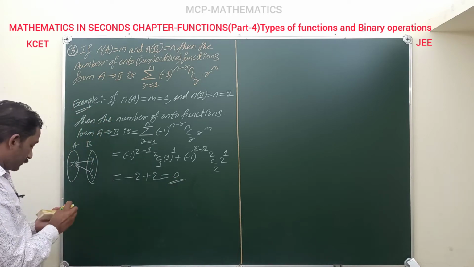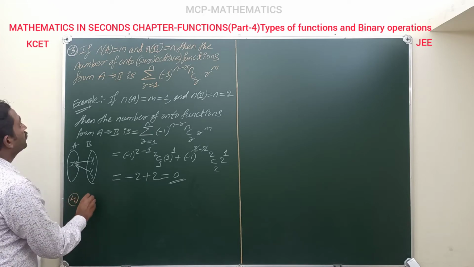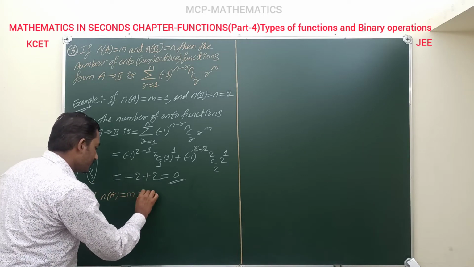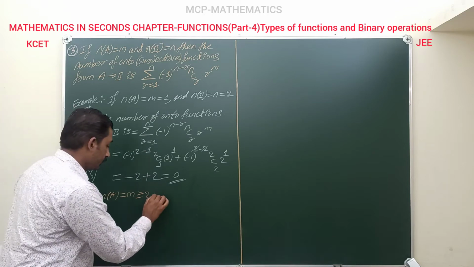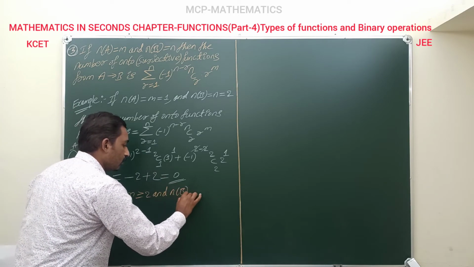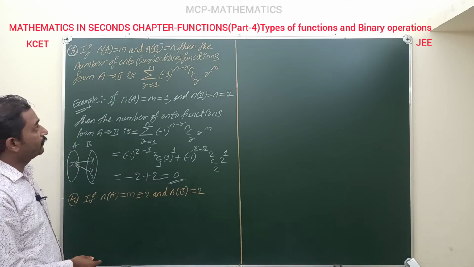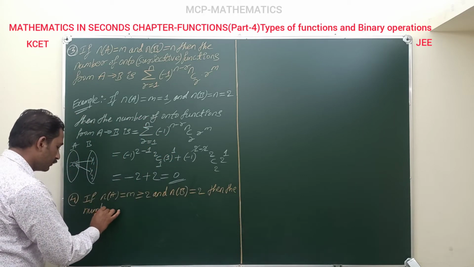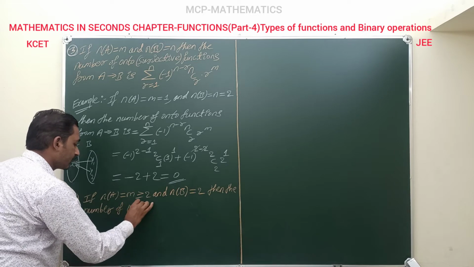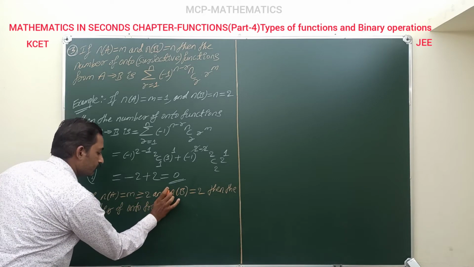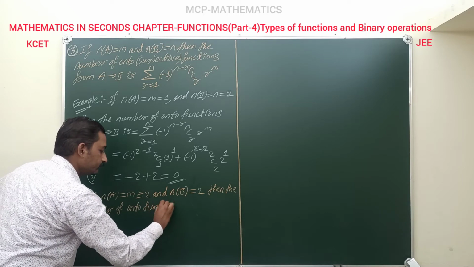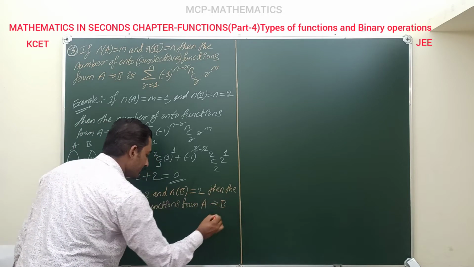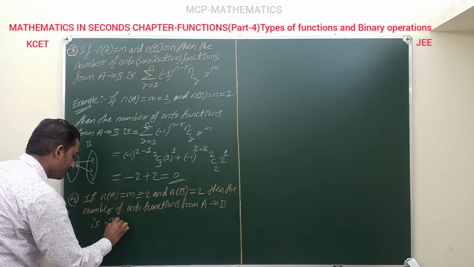So now one more condition. If n of A is equal to m, where m is greater than or equal to 2, and n of B must and should be equal to 2, then in this type of problem the number of onto functions from A to B is 2 to the power of m minus 2.